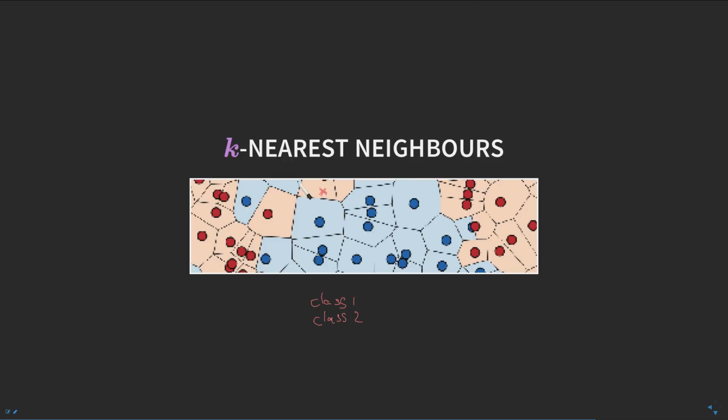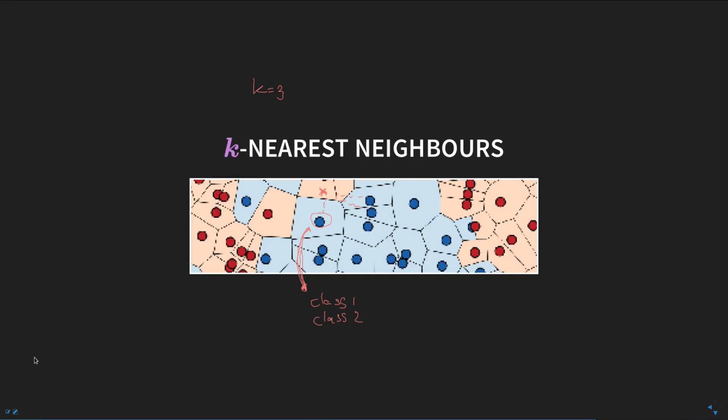So say that we have k equal to 3, and these 3 will be the closest instances, and therefore it will probably be classified as blue, and therefore class 1. That's a very, very shallow explanation of how KNN works, and that's why we are getting into more detail on the algorithm now.